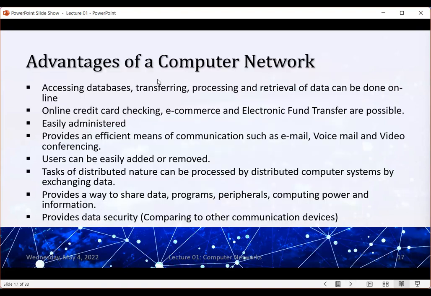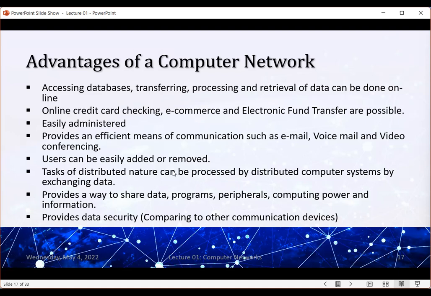Now let's see the advantages of computer networks. Using the computer network, we can share information with others at speed, efficiently, and in a short time period.